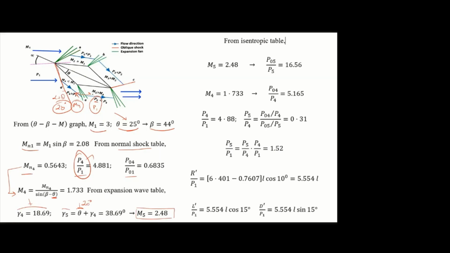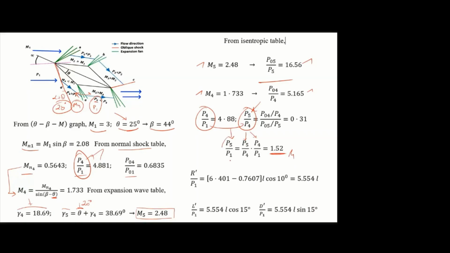So again, this is expansion fan. For M4 I am finding stagnation to static pressure ratio. For M5 I am finding the static to stagnation pressure ratio. If you divide these two, you will get P5 by P4. Already I know the P4 by P1. Now using these two, I can find P5 by P1, like P5 by P4 into P4 by P1.